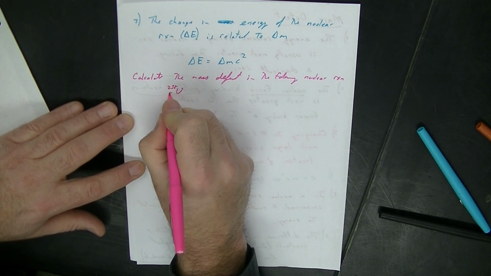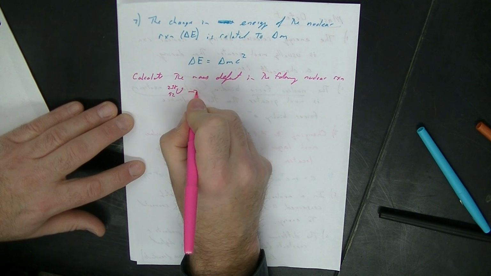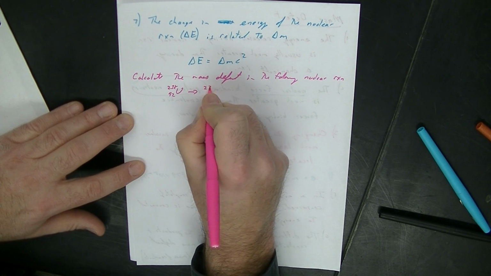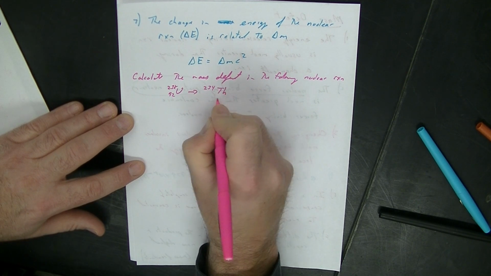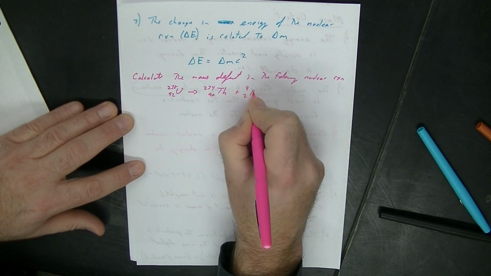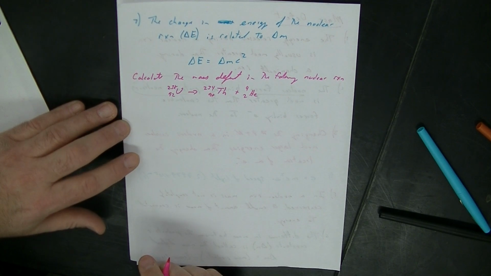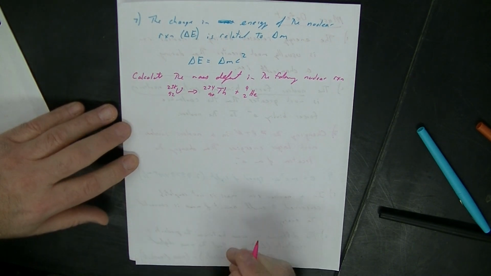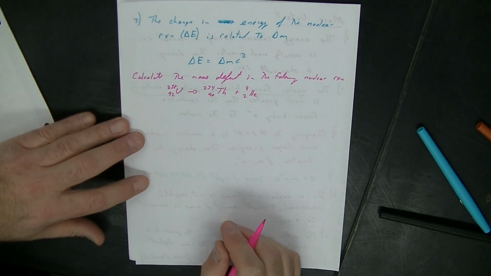Uranium-238, which has an atomic number of 92, goes to thorium-234, which is 90, and helium-4, atomic number 2. Now, we need to know the mass of the nuclei.